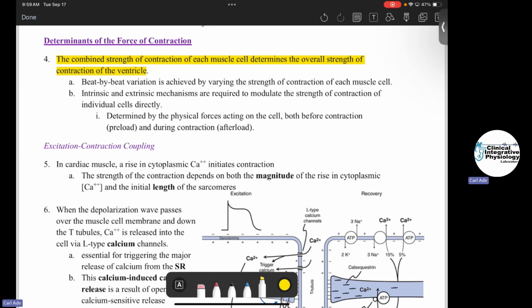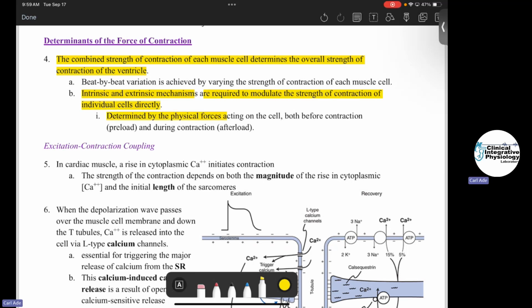And we get major beat by beat variation in the strength of contraction via intrinsic and extrinsic mechanisms. There are things within the cell itself. That's what we're going to focus on initially here, as well as some external things that all can change how much strength of contraction actually happens.